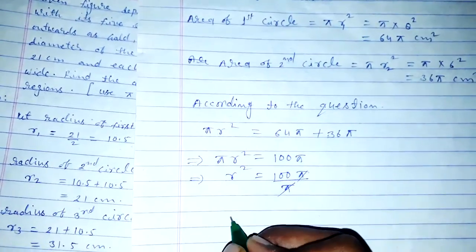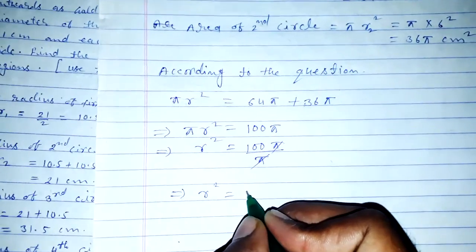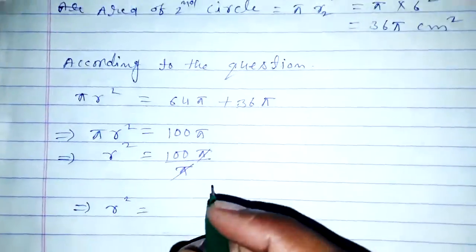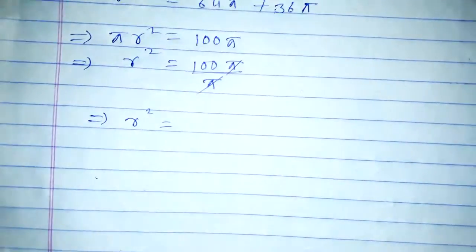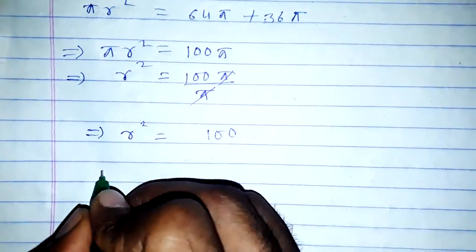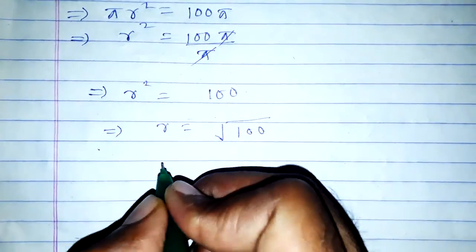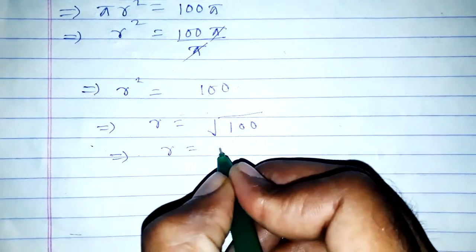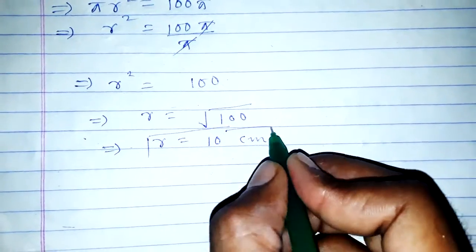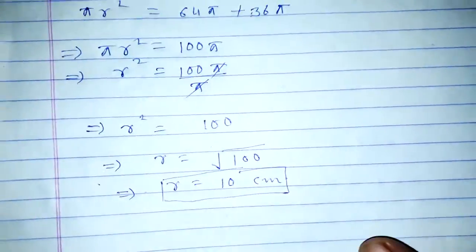Pi cancels out, so r square is equal to 100. This implies r is equal to the square root of 100. So r is equal to 10 centimeter, because we would get plus minus 10, but radius is positive, not negative, so the answer is 10 centimeter.